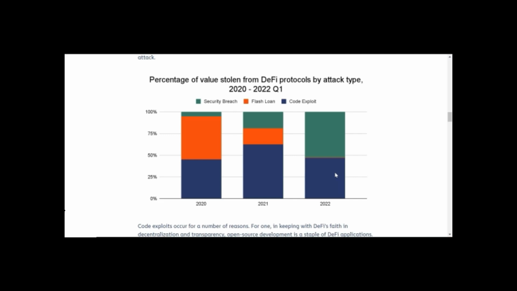All the DeFi platforms, all the decentralized finance platforms, are created out of smart contracts. So code exploit here means that all these smart contracts had some vulnerabilities lying inside.